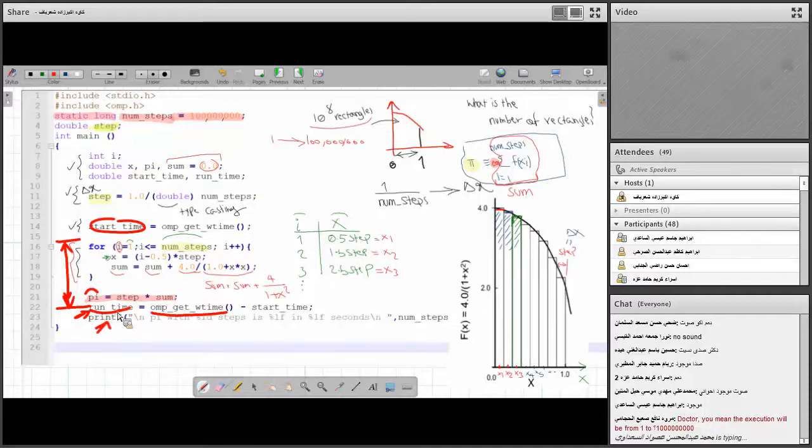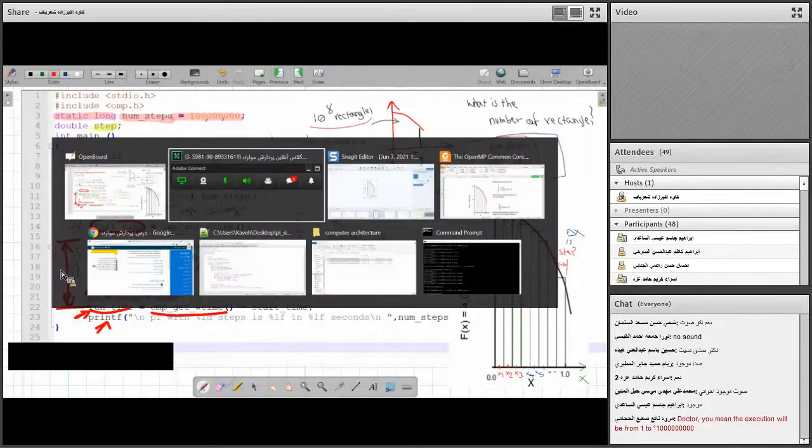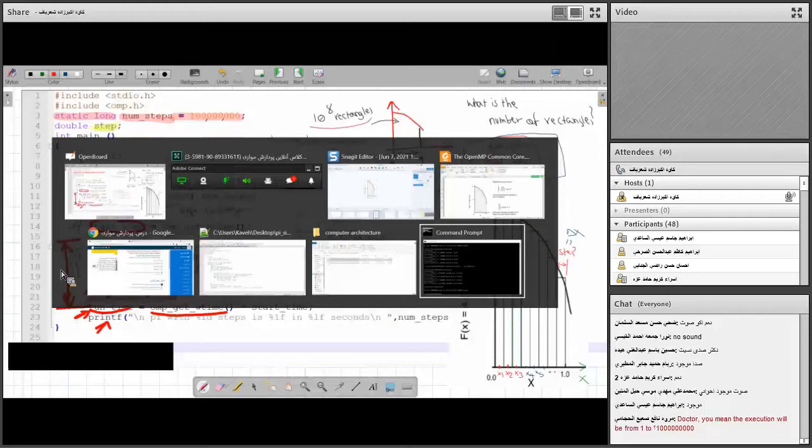The final printf prints both runtime and the result. With the last printf we show both the result and the execution time.